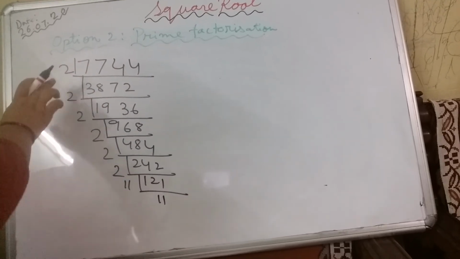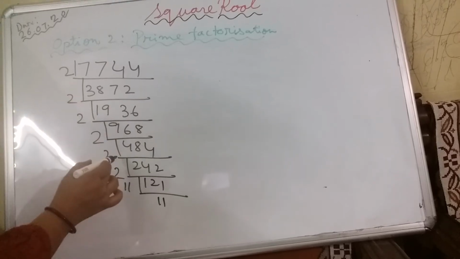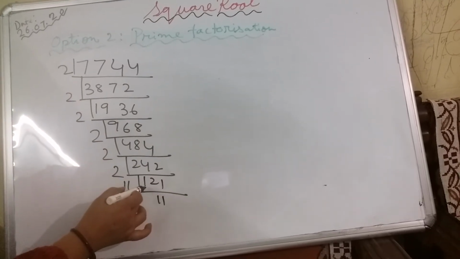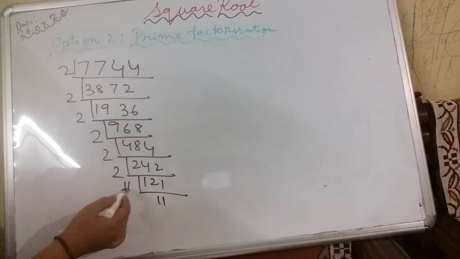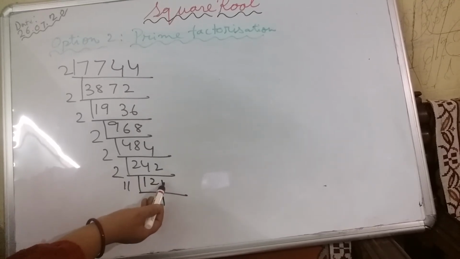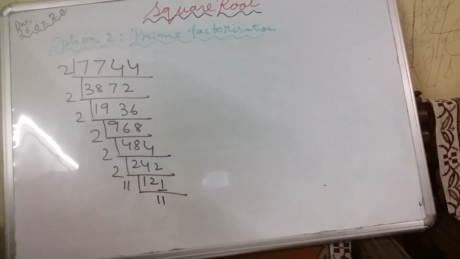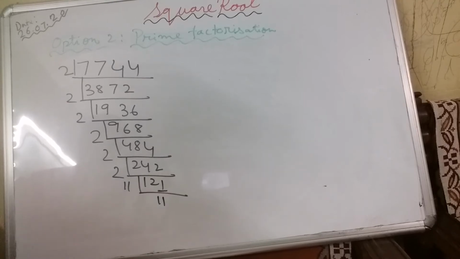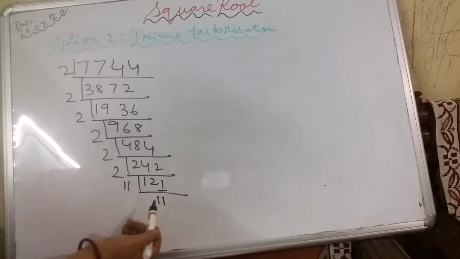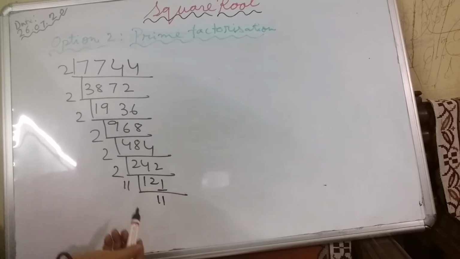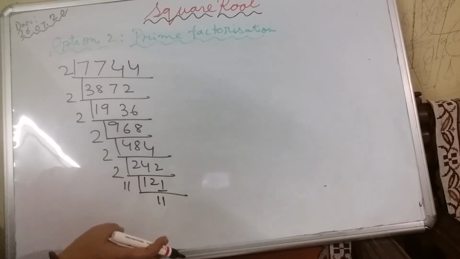7744. If I divide it by 2, we will get 3872. Same way, when we reach 121, this is divisible by 11. When you have 1 at the units place, your options of divisibility become quite fewer, because a number ending in 1 is not divisible by 0, 2, 4, 6, 8.